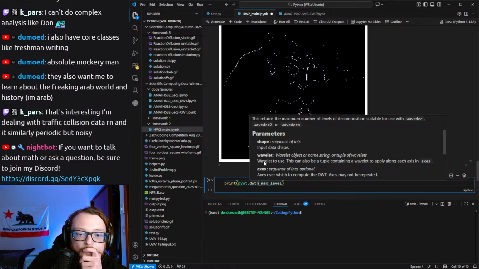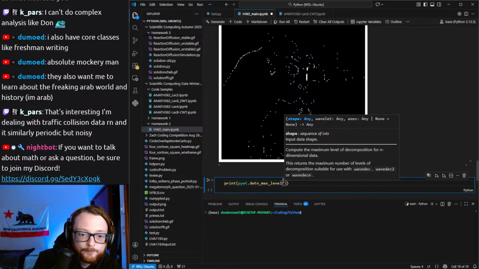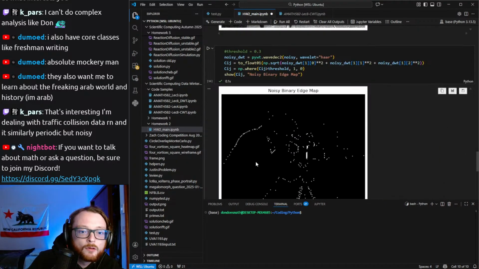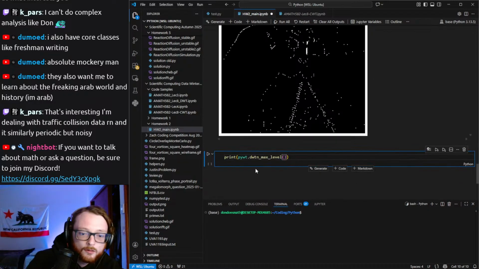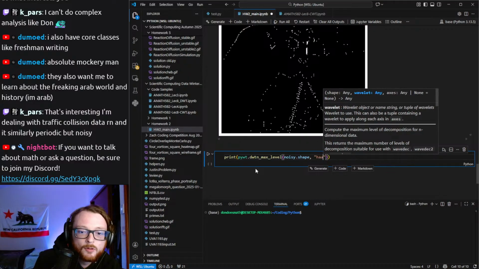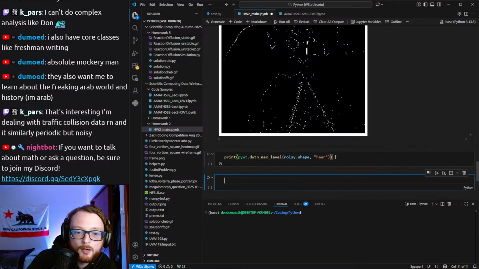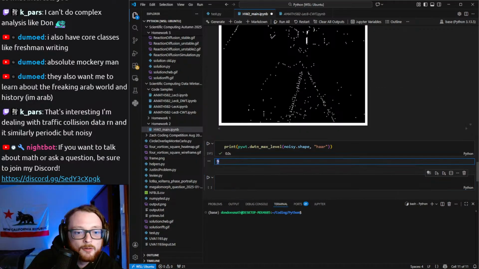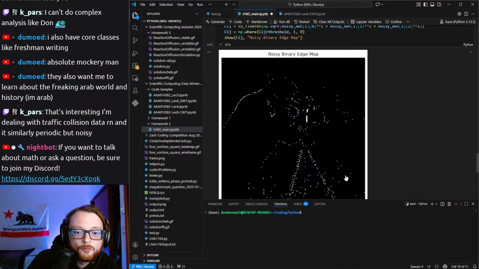Input data shape wavelet. Noisy dot shape. Okay, 9. Good to know.